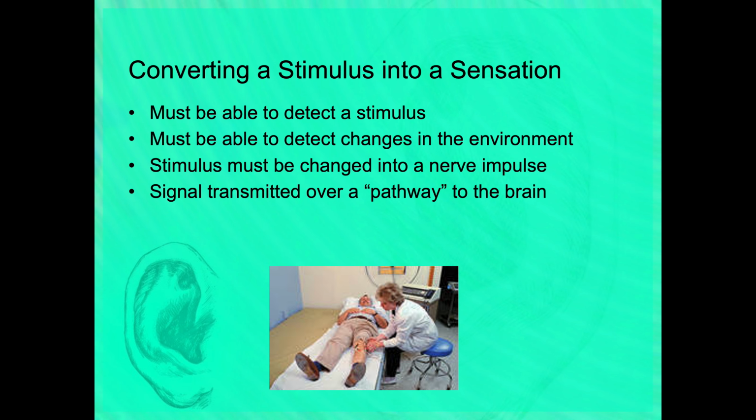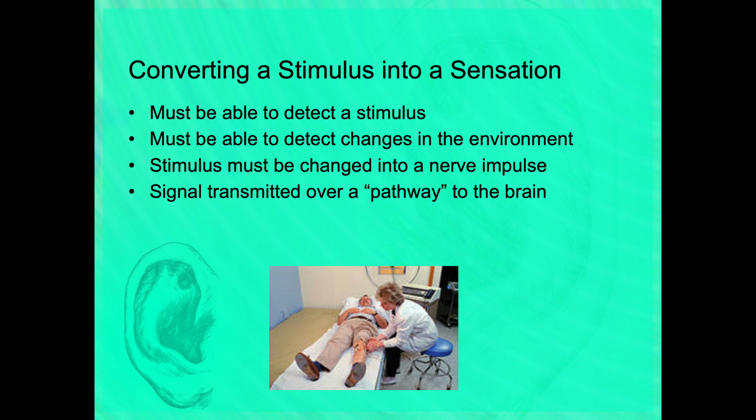Okay, so now I want to talk about how your body converts a form of stimulus to a sensation. In order for you to tell a sensation, like a smell or a sight or a feeling, you have to be able to detect that stimulus. So that means that your neurologic system must be intact.